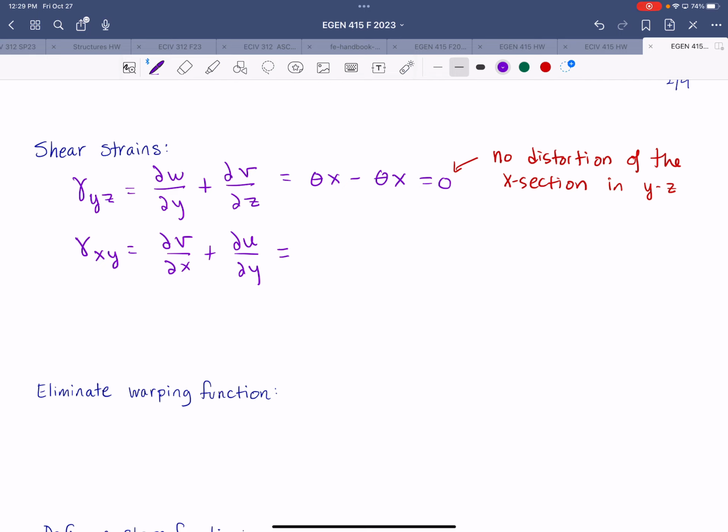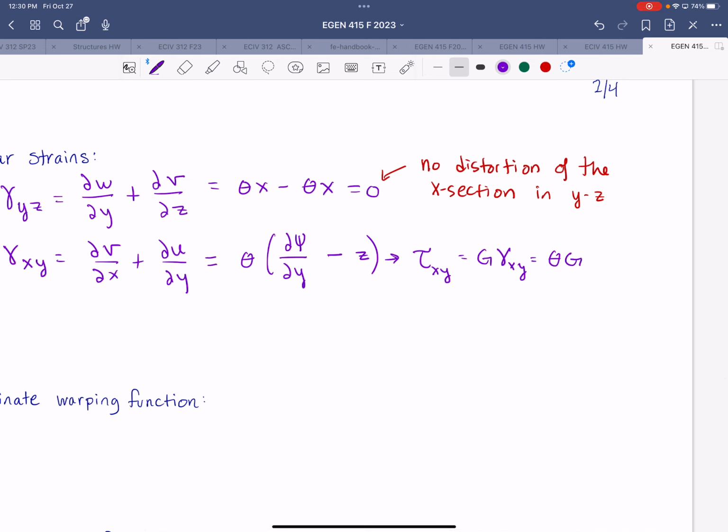We're just using that to set up the rest of the derivation. So this is going to be theta times the partial derivative of the warping function psi with respect to y minus z. So we can say the shear stress in xy is equal to g, shear modulus, times gamma xy, which is theta times g times the partial derivative of psi with respect to y minus z.